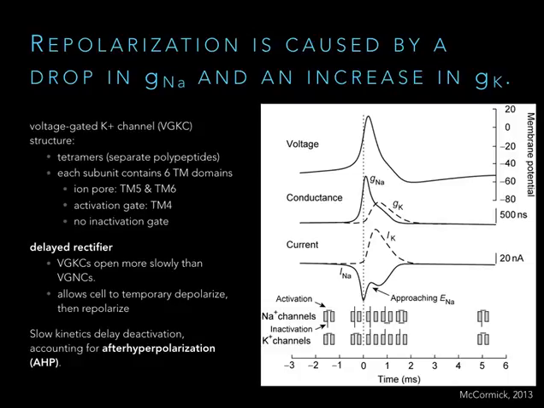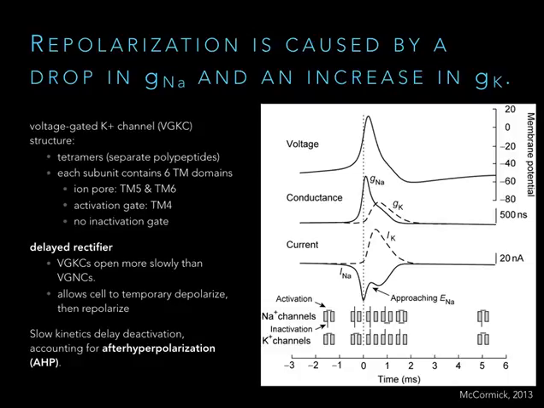So first we have the opening of voltage-gated sodium channels. Sodium rushes in. The sodium channels inactivate. Potassium channels open. Potassium leaves, and the cell repolarizes. Because our potassium conductance is higher than at rest, we're closer to potassium's reversal, and thus we're hyperpolarized.